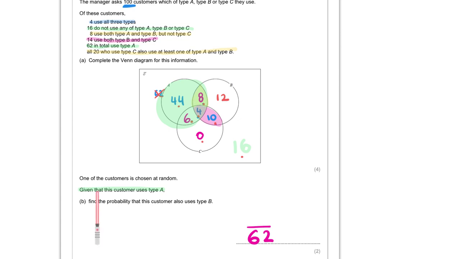Then it says find the probability that also uses type B. Type B is just that 8 and 4. So this becomes 12 out of 62. Some of you might simplify this to 6 out of 31. That's also okay.